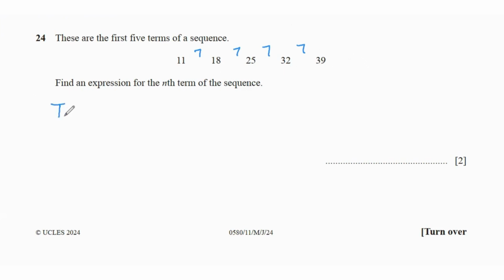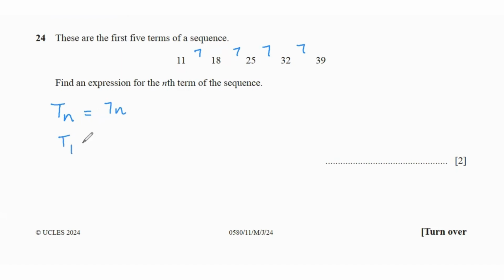So always remember, whatever your common difference is, multiply that by n. And since the common difference is being added, it's going to be positive 7n. If the common difference was being subtracted, like if the series was decreasing in value, then it would be negative 7n. So let's assume that the nth term is 7n.